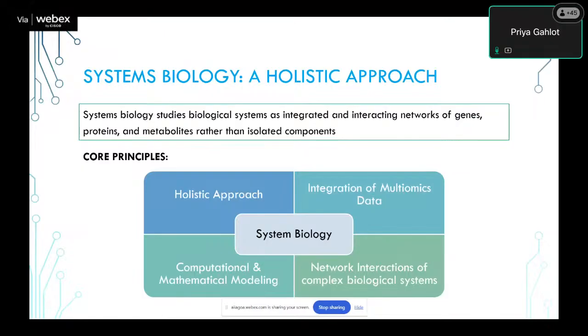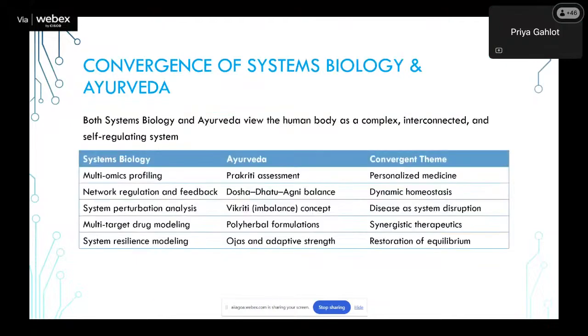We are integrating different omics, using the data from different omics and providing it to computational and mathematical modeling, providing network interaction, and showing how all the systems are interacting together and are responsible for a particular disease.